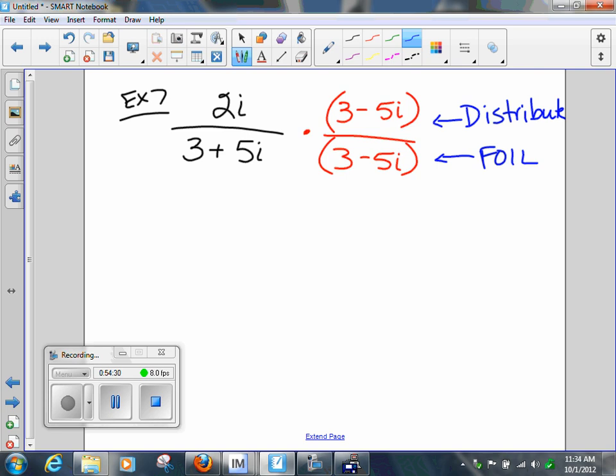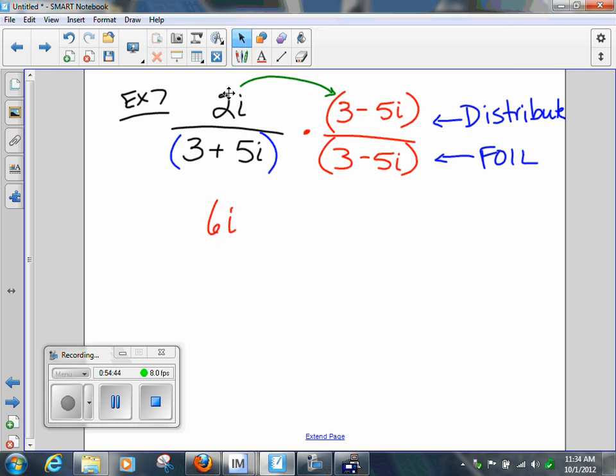Don't be fooled. We're doing the same thing we always do. What's 2i times 3? 6i. What's 2i times -5i? Let's take it every step. -10i squared.